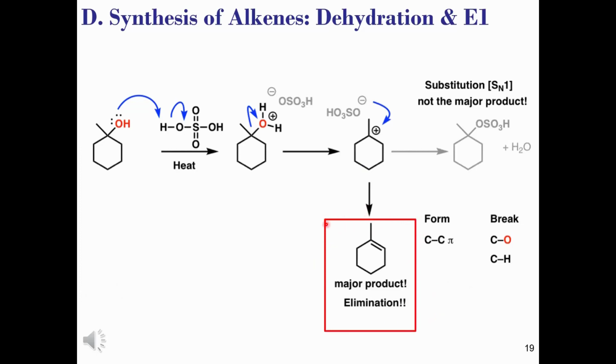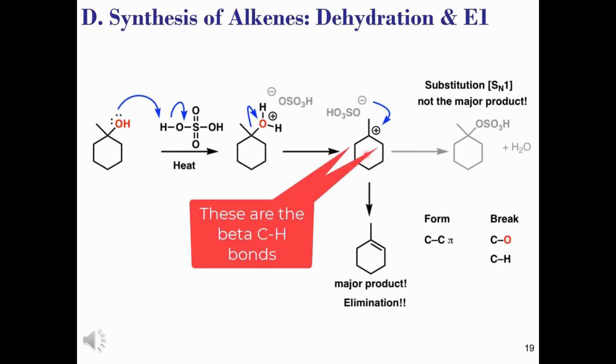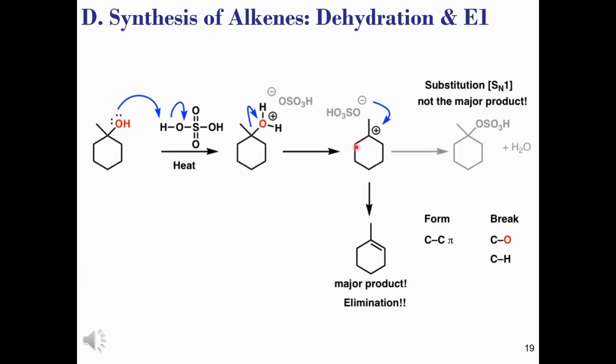If you look closely, you can see how a carbon-hydrogen bond on a carbon that is adjacent to the carbocation is broken and a carbon-carbon pi bond forms in that position. These hydrogens, the beta hydrogens, are ripe for abstraction.